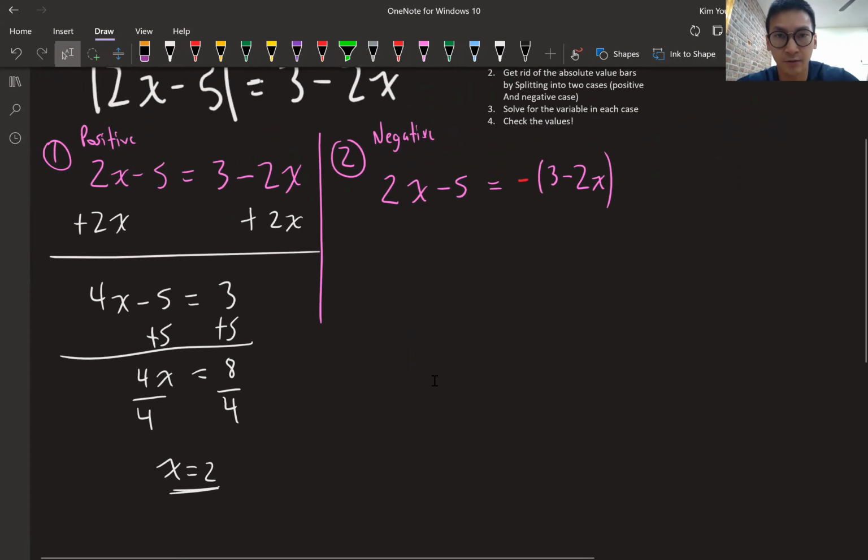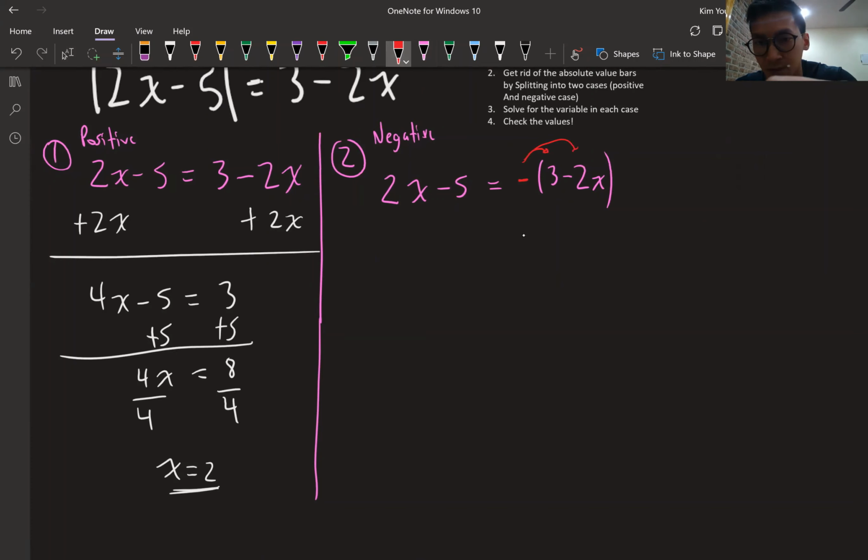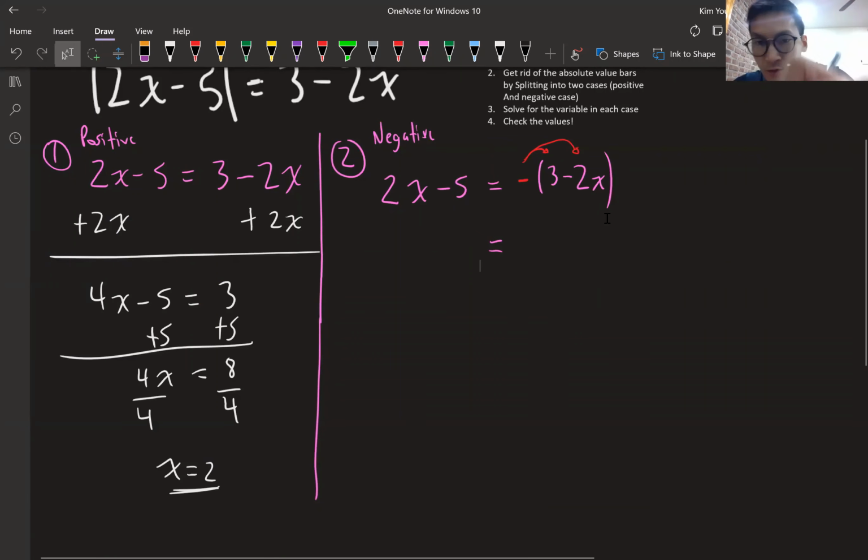For the second case, you do the same thing, but you have to do an extra step of distributing the negative. This is a topic you should review if you are still rusty with it. You distribute, it's going to be negative 3 plus 2x, and that's equal to 2x minus 5. Same thing, we're going to gather all the x's.